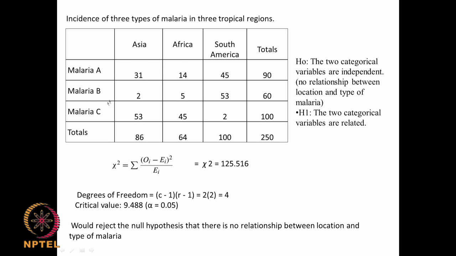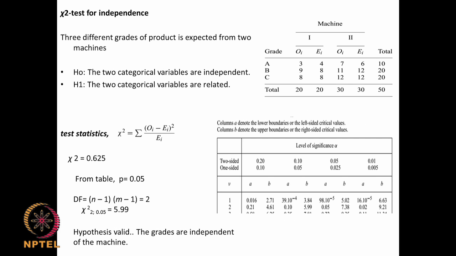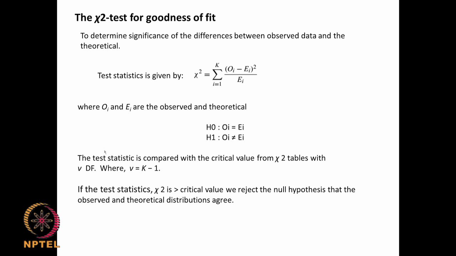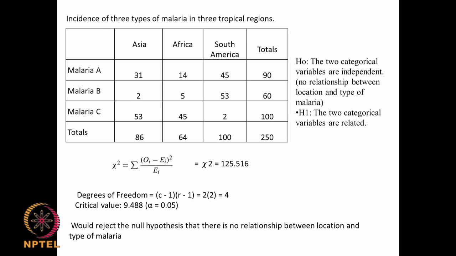So, we can reject. So, there seems to be some sort of correlation between the type of malaria and the location or place from which it was observed, okay. This is how we need to do this type of problem where we have the observed versus expected, okay.